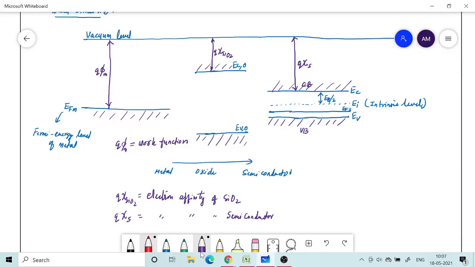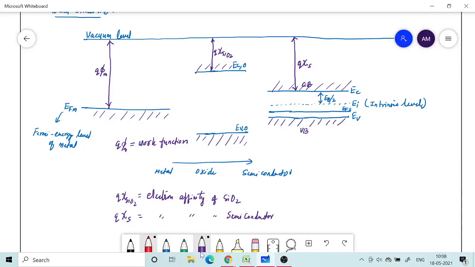At 0 degree Kelvin, all electrons in a semiconductor will be inside the valence band, nothing will be in the conduction band. But as you raise the temperature, some of the electrons will find enough thermal energy and will occupy some of the states in the conduction band. And p-type and n-type is another thing.